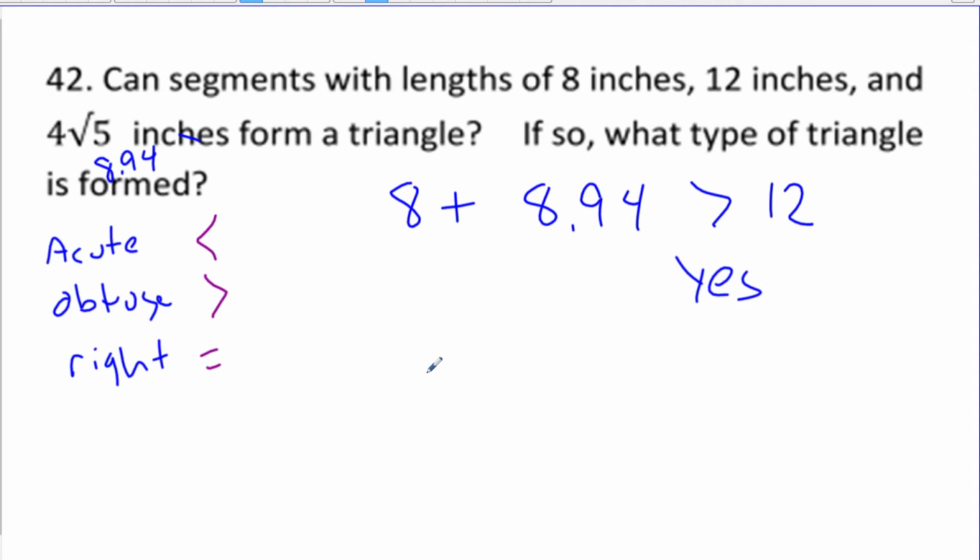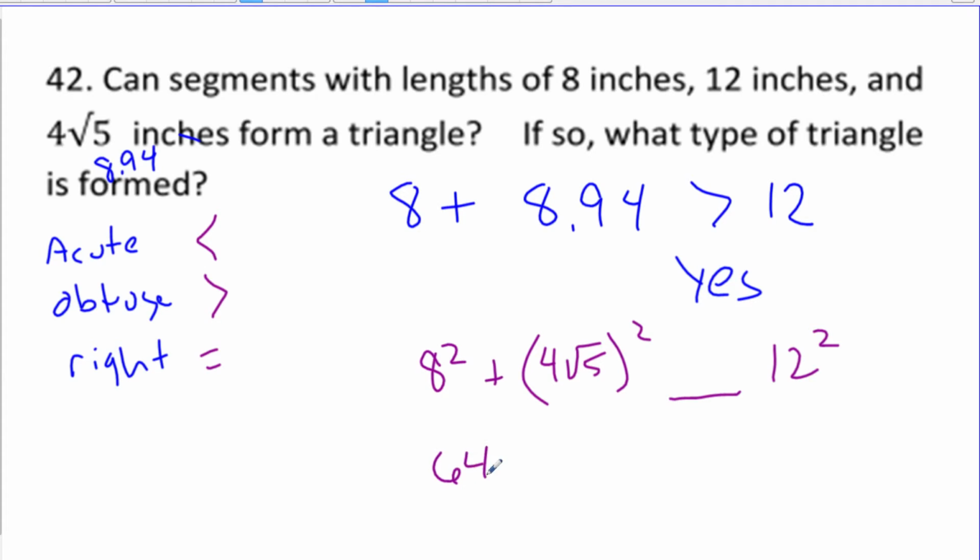So let's check. I'm going to say my a is 8 squared. I'm going to use the exact version because we're going to see we won't get a decimal. So 4 square root of 5 squared. And I need to compare that to 12 squared. So 8 squared is 64. And then this is 16, right?